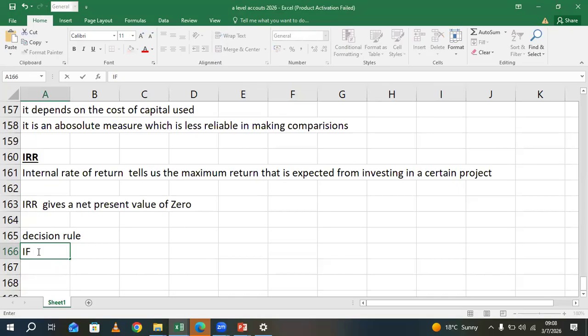So if the internal rate of return is greater than the cost of capital, we accept the project.